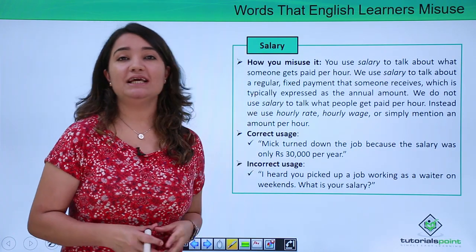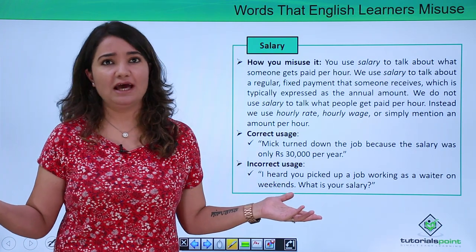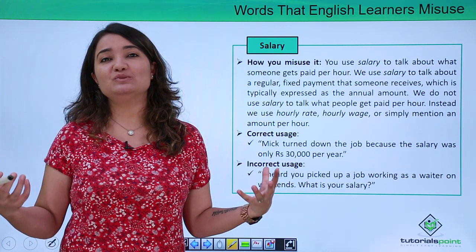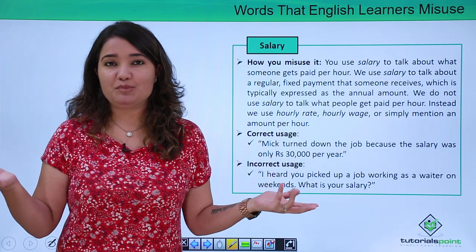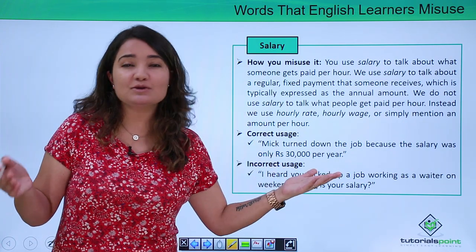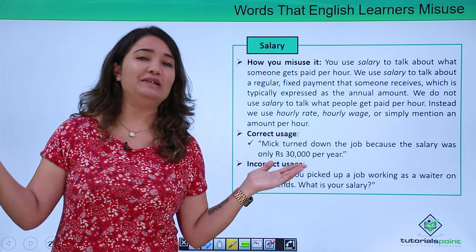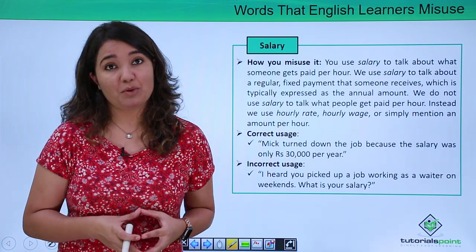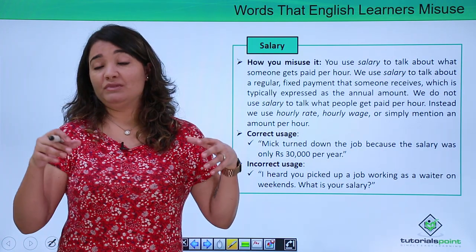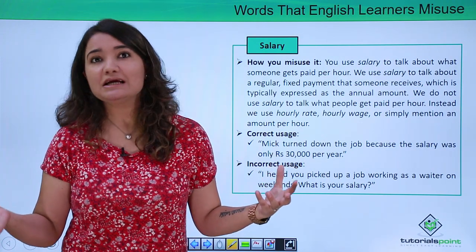Well, the first one is salary. What do we assume salary to be? Most people assume salary to be something which they have earned, be it on an hourly basis or a yearly basis. Well, not really. Salary actually indicates the amount that you earn collectively, which means it is not on an hourly basis.